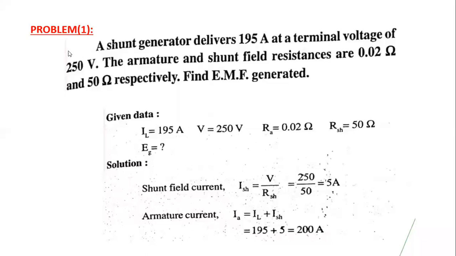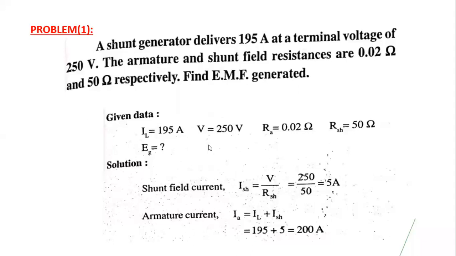The armature and the shunt field resistances are 0.02 ohms and 50 ohms respectively. Find the EMF generated, that is the EG value.